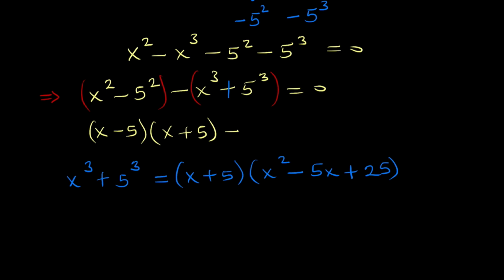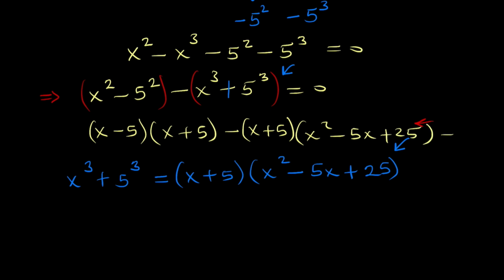This is actually a known identity, and because that is known, I'm going to replace all of what we have in this second bracket with all of this expression on the right, and then I'll simply slot that into here as x plus 5 times x squared minus 5x plus 25, and then that is equal to 0.